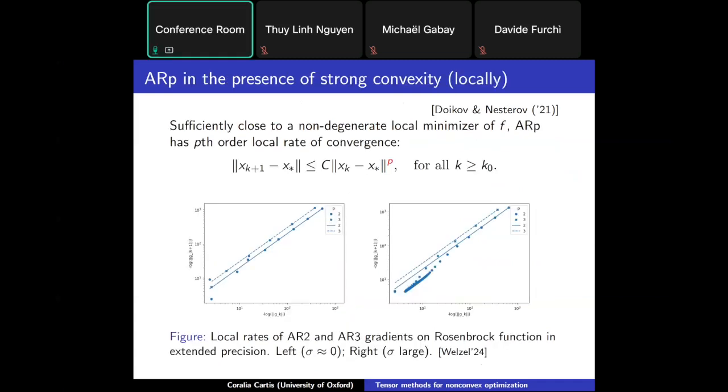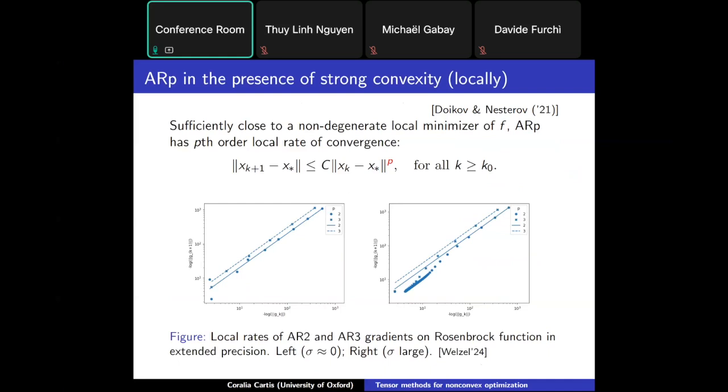Okay, what about locally? We saw that Newton has a better rate than gradient descent locally, which is quadratic. Now, locally for all these methods, non-convex, convex, you have a p-th order rate of convergence. So third order, much, much faster rates. And these plots just illustrate whether sigma is close to 0 or sigma is large.